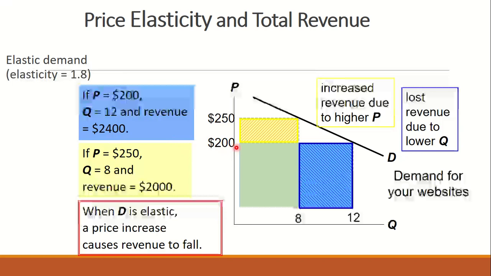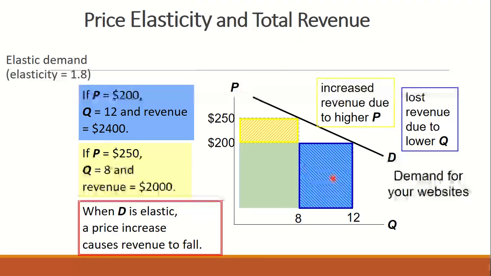Now price increases from $200 to $250, and as a result, quantity demanded decreases from 12 to 8 units. Now the revenue is 250 multiplied by 8, that is $2,000.